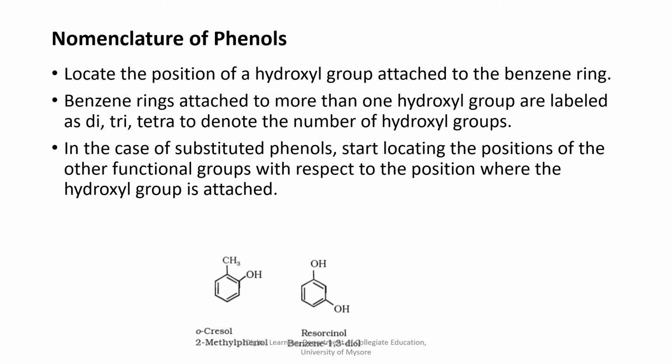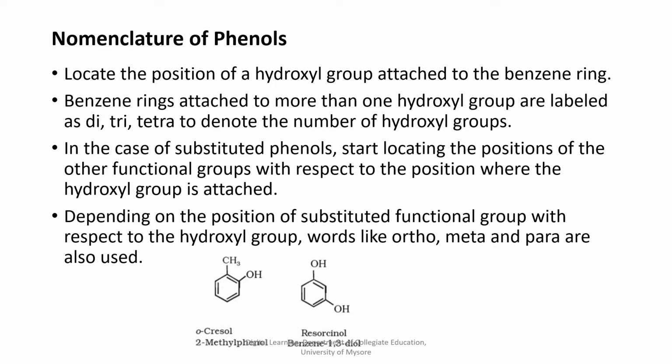In case of substituted phenols, we have to start locating the position of the other functional groups with respect to the position where the hydroxyl group is attached. So depending on the position of substituted functional group with respect to the hydroxyl group, words like ortho, meta and para are used.